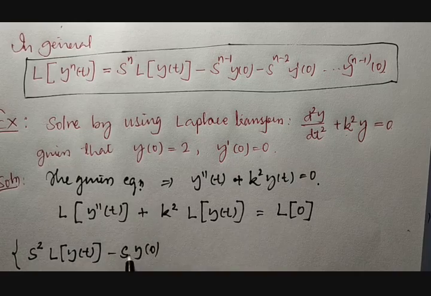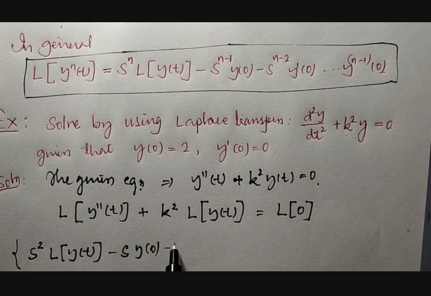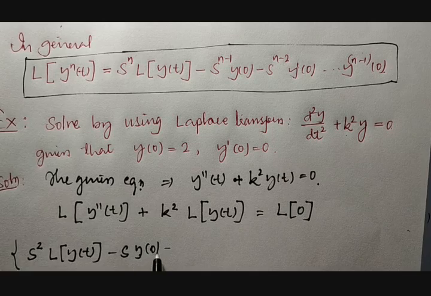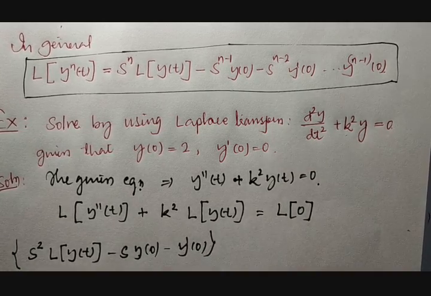It is not yet over; we need to take s raised to 0. s², s raised to 1, s raised to 0. s raised to 0 is nothing but 1. Then comes the continuation, y'(0).